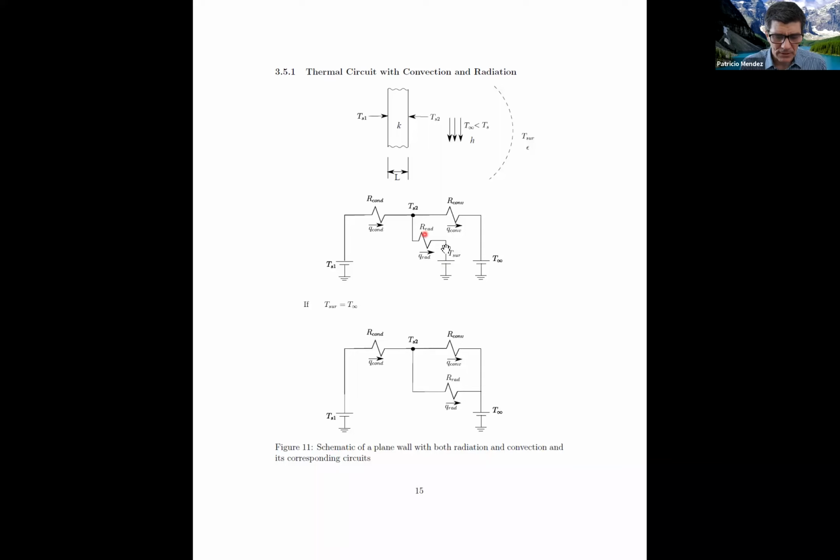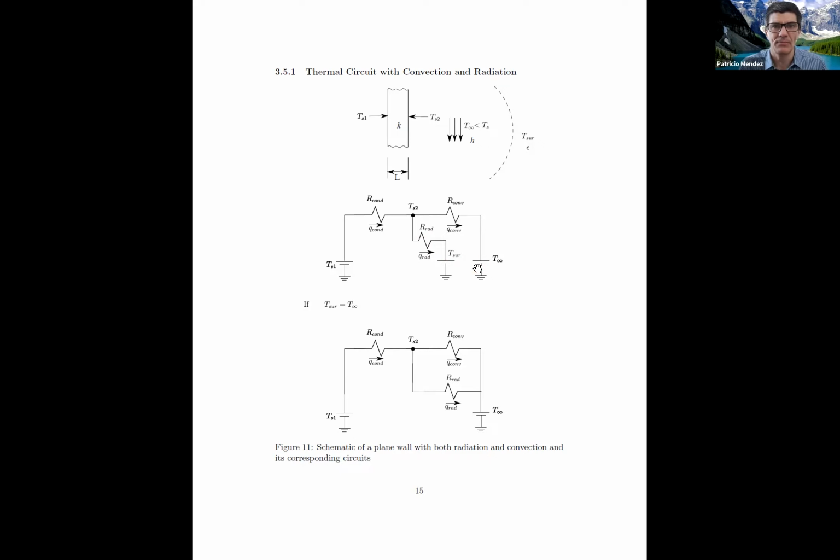So these resistors are not yet parallel, because this one has a battery at T surroundings, and this one has a battery at T infinity. This is not the same.